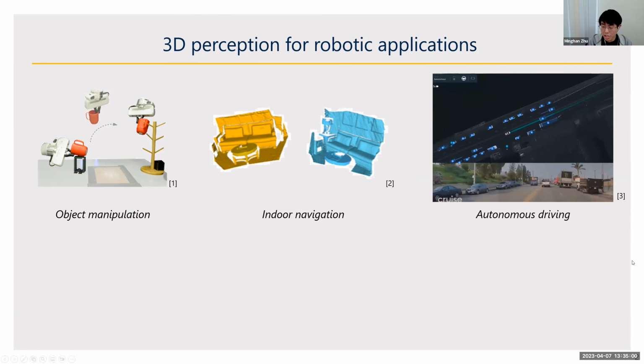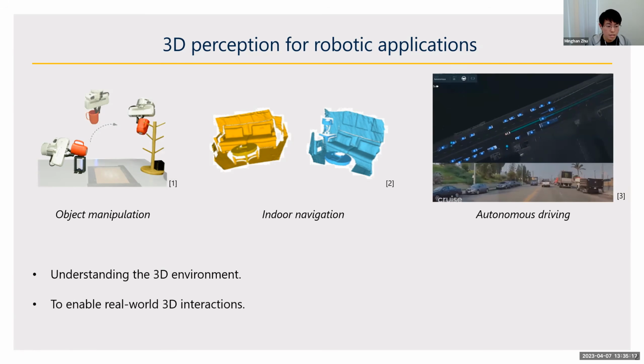We all know it's a very challenging task, and it can also be viewed as a robotic task, like a robot navigating outdoors in a very complicated environment. And for all these tasks, 3D perception is an essential part. It basically enables the robot to understand the 3D environment. And more importantly, it prepares the robot to interact with real-world entities in the 3D world.